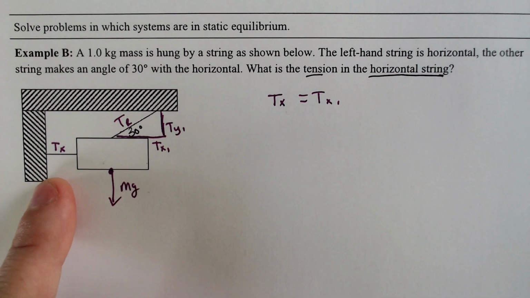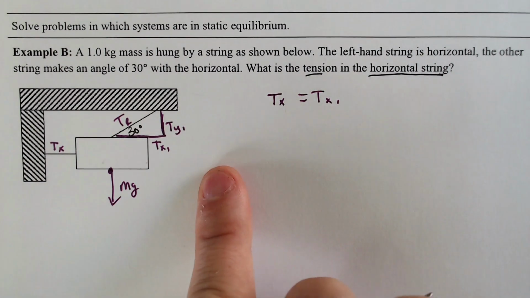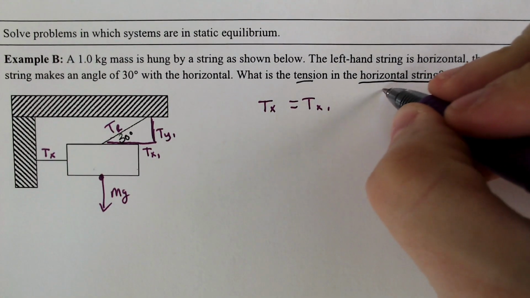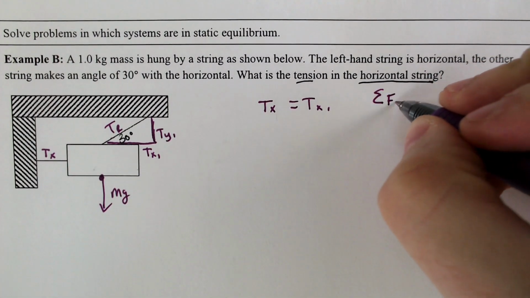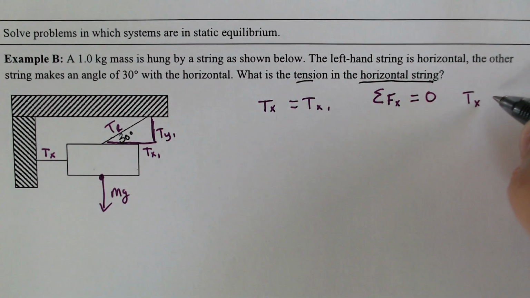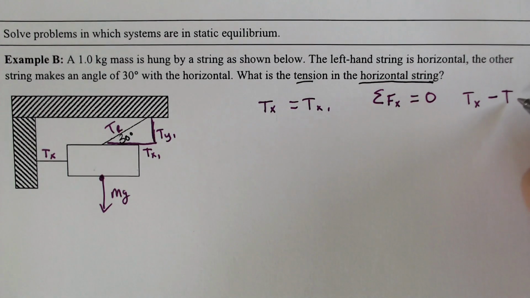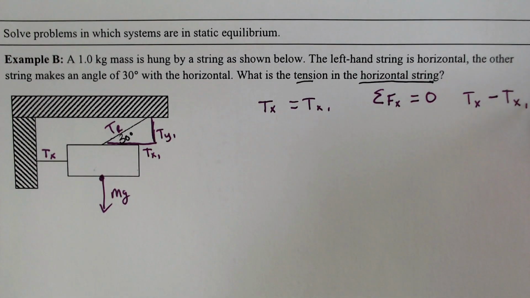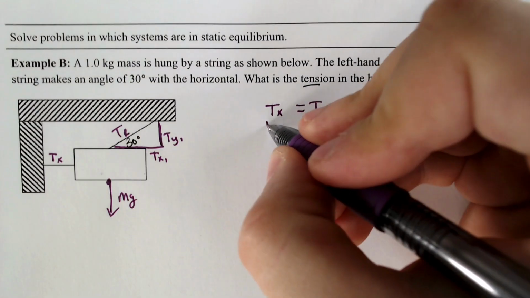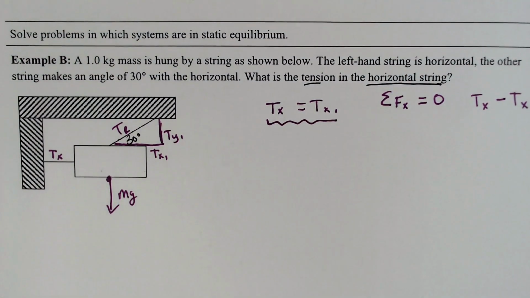It's not moving closer to this wall, and it's not moving further away from that wall. They are balanced. You may see it as this: the sum of all forces in the x direction must be equal to 0, which means Tx and Tx1 will be canceling each other out. I like just thinking that they will be equal to each other like I have here.